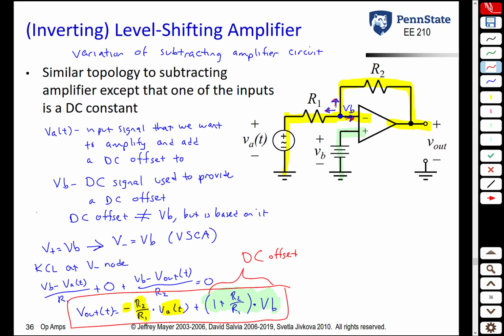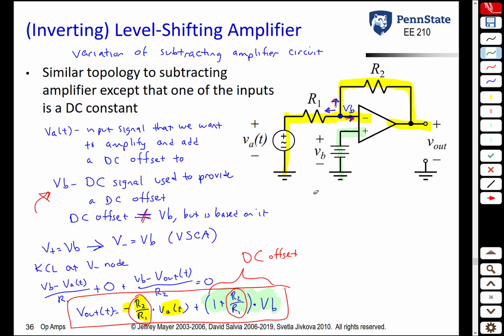Notice, as I said here, the VB signal dictates what the DC offset is, but the DC offset does not equal VB. Specifically, it equals VB times 1 plus R2 over R1. In other words, the gain that we have for VA of t does show up also in the DC offset, so the VB needs to be picked accordingly, as we're going to see in an example on the next page.